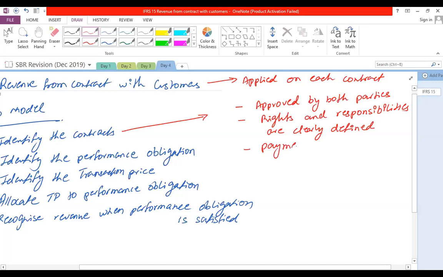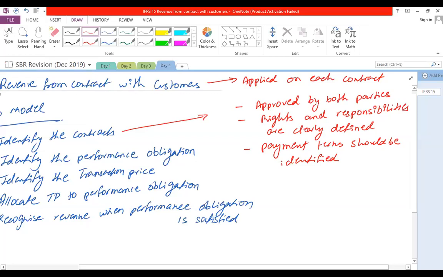The third thing is that the payment terms should be identified. What amount will be paid? When will the amount be paid? What amount will be paid at what time?